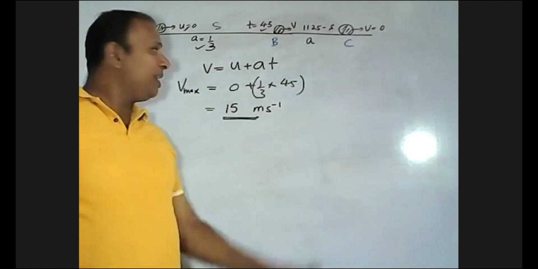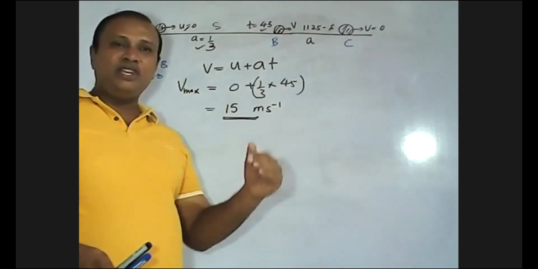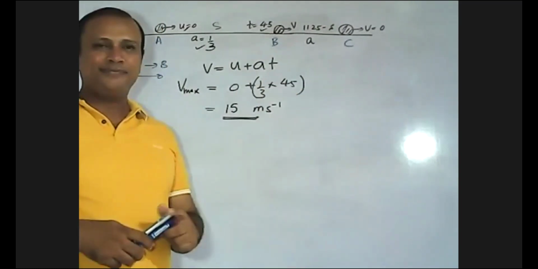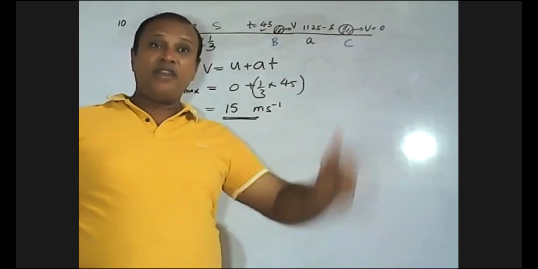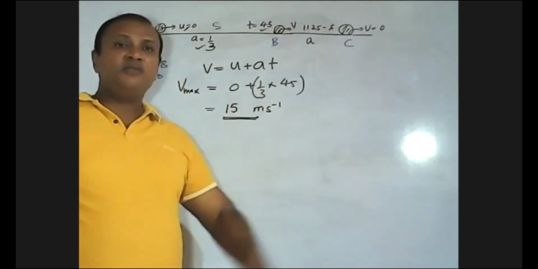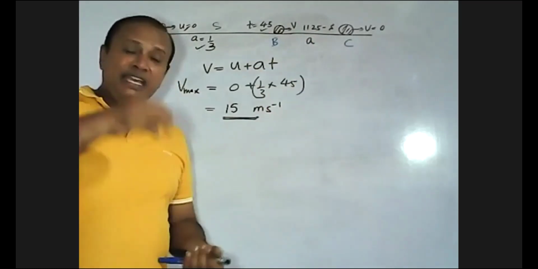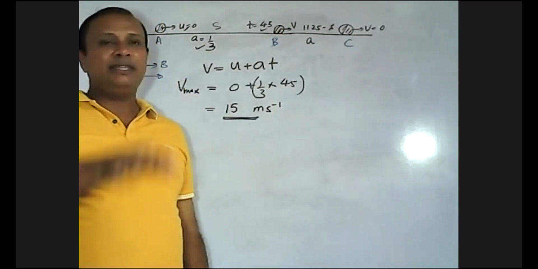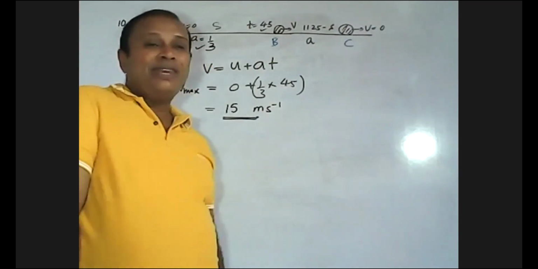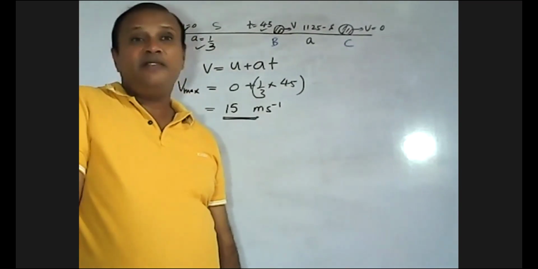V equals U plus AT: V, U, A, and T. S equals (U plus V) over 2 times T: S, U, V, and T. S equals UT plus half AT squared: S, U, T, A. V squared equals U squared plus 2AS: V, U, A, S. Each equation has 4 variables, so to find any variable you need the values of at least 3 variables.